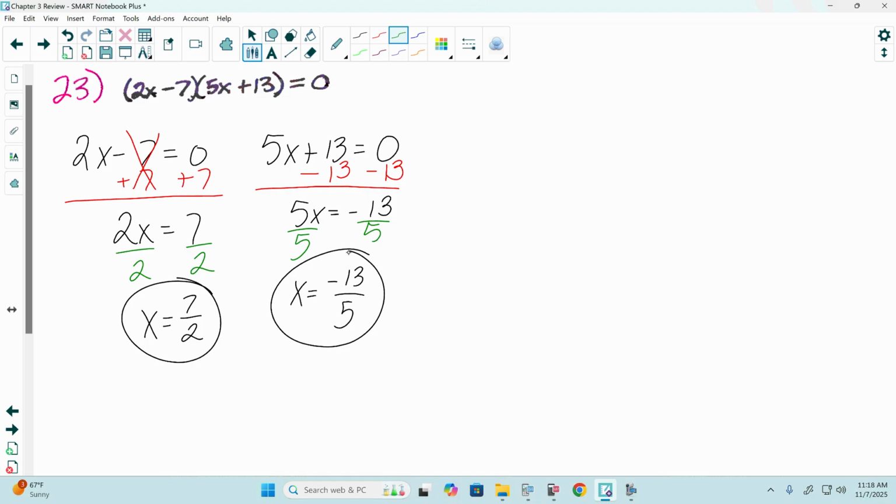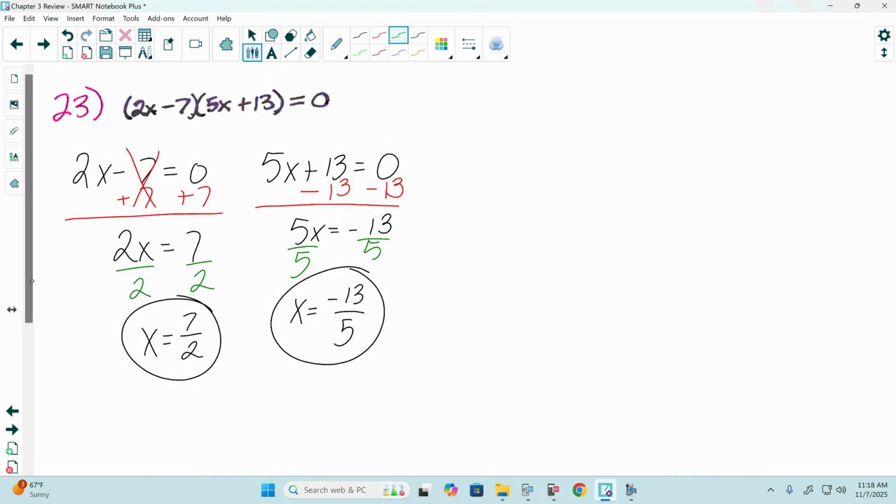So especially if they give it to us in this form here, take what's inside both sets of parentheses, set them both equal to 0, and solve. These are nice because it already factored it for us. We don't have to do anything beyond that.